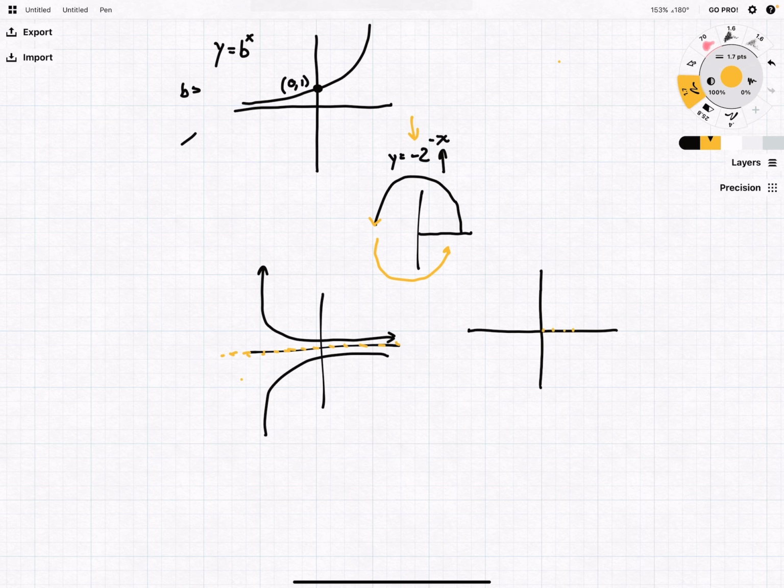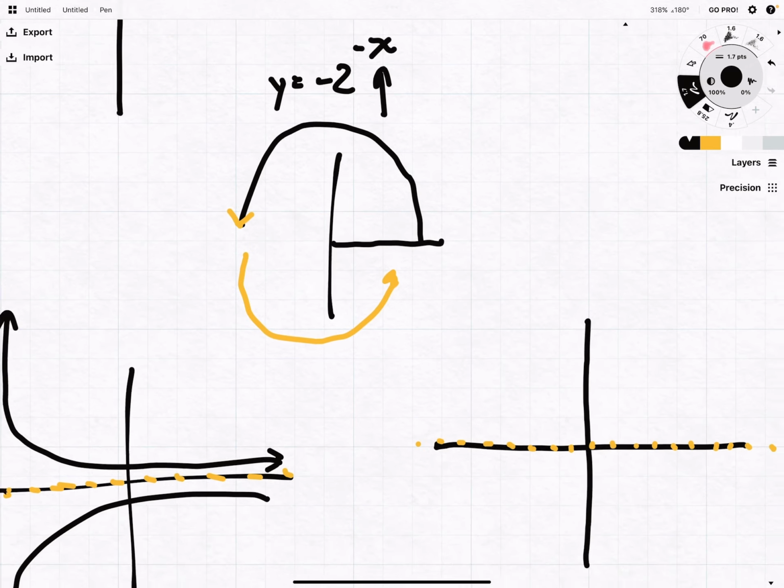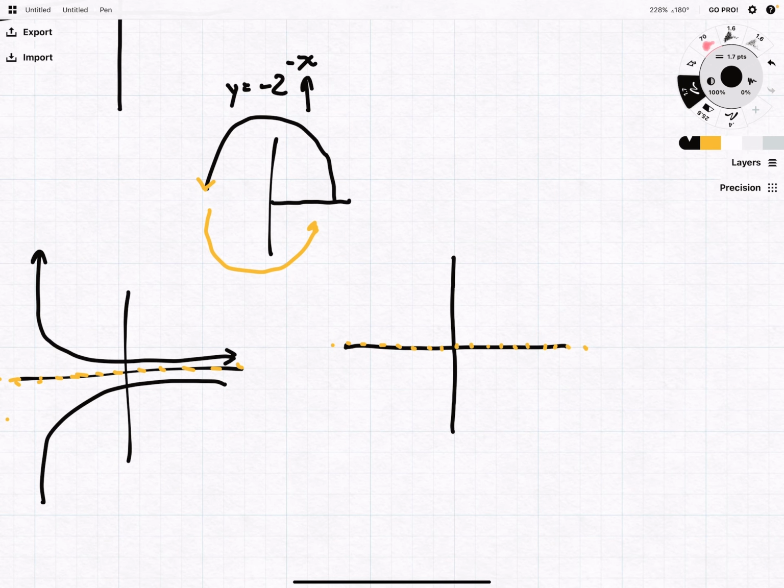So we've got our asymptote at y equals 0. If x here equals 0, we'll have negative 2 to the 0, and that will just give us negative 1.